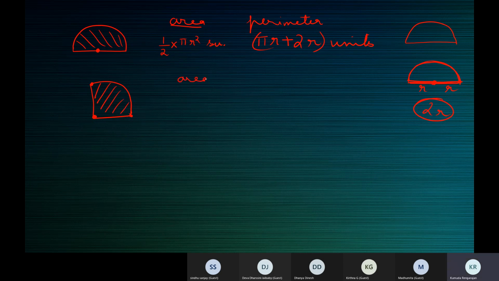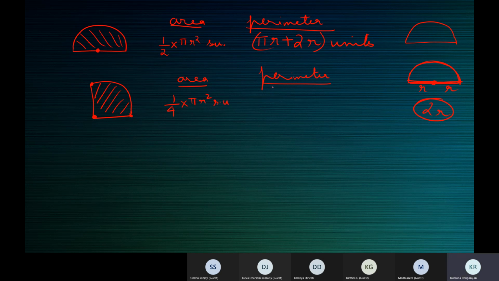What's the area? What's the perimeter? Ma'am, area is 1/4 pi r square. Square units.